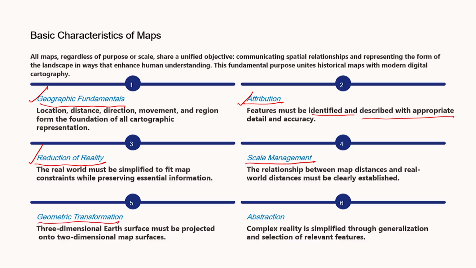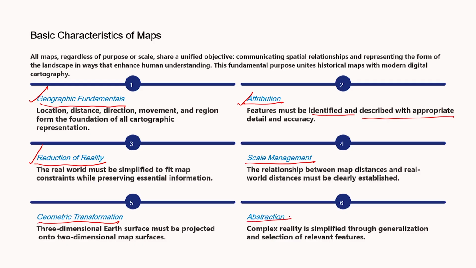Next one is geometric transformation. Here the 3-dimensional earth surface must be projected onto a 2-dimensional map surface. Very simple. When you want to transform the 3-dimensional spherical earth onto a 2-dimensional surface, we need to use map projections. Map projections play a great role in preparation of different types of maps.